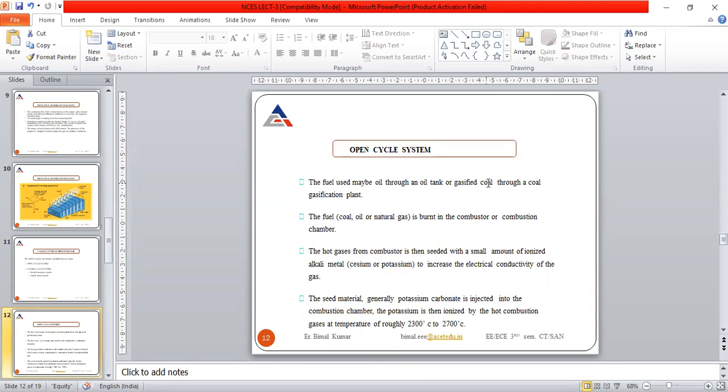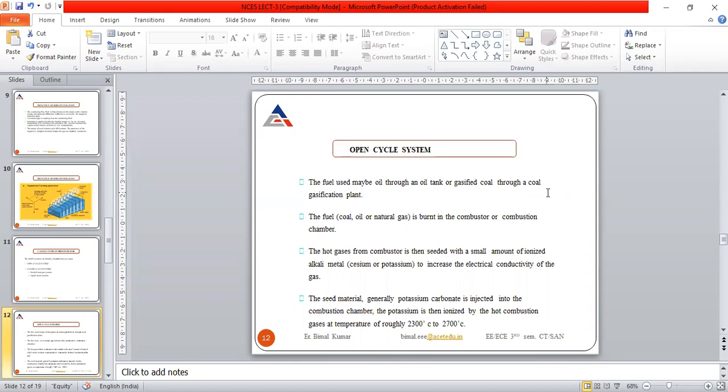In this case, fuel used may be oil through an oil tank or gasified coal through a coal gasification plant. The fuel is burnt in a combustor or a combustion chamber. The hot gases of the combustor are then seeded with a small amount of ionized alkali metal to increase the electrical conductivity of the gas.